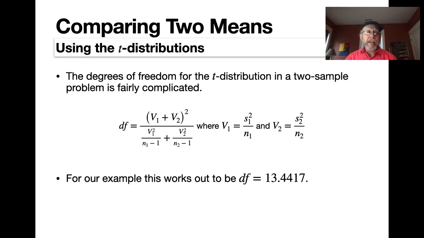The issue here is that not only is that formula complicated, but it's an approximation itself. That is, the actual sampling distribution that we're going to need for our test statistics and critical values and so on is not even a t-distribution.